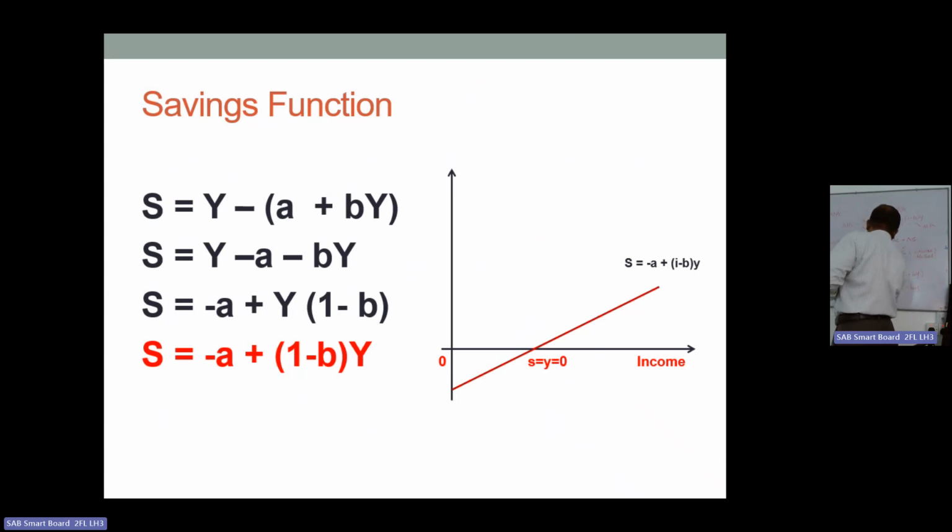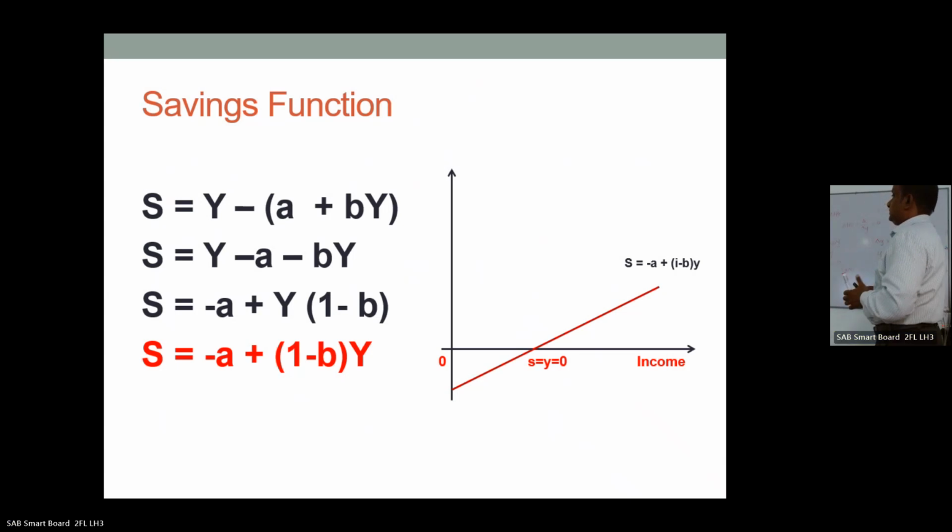Then you can write it with Y on one side, since Y is common, so that means (1 minus b)Y. So we can derive the same function.